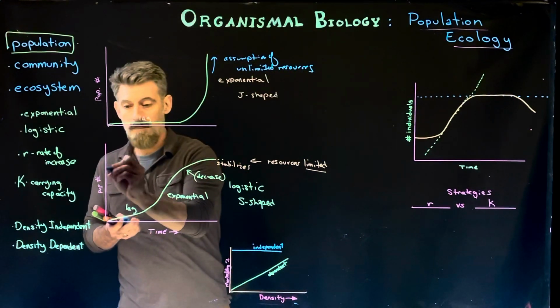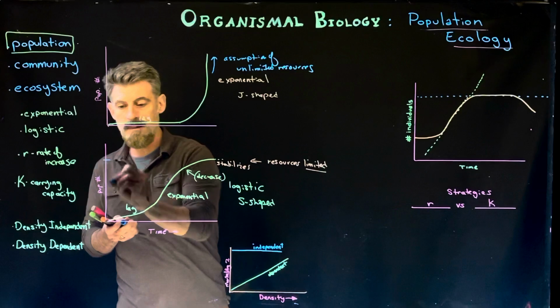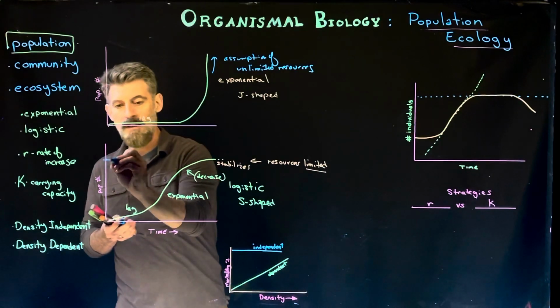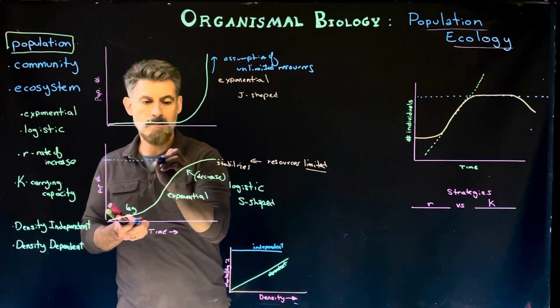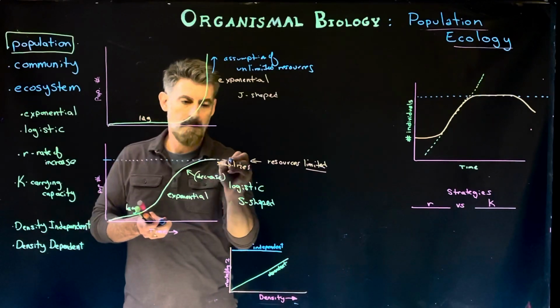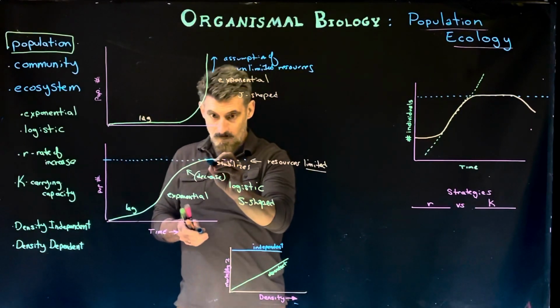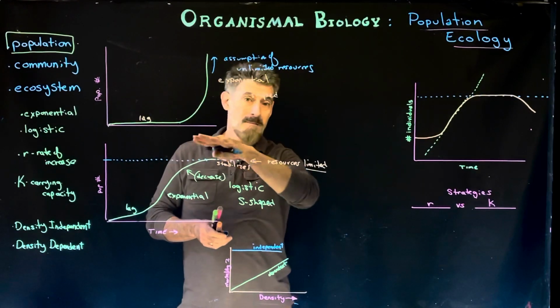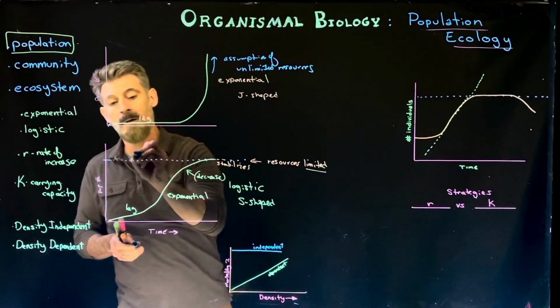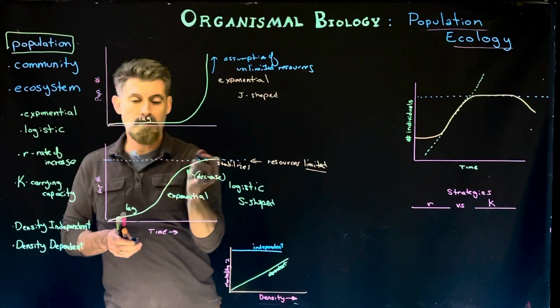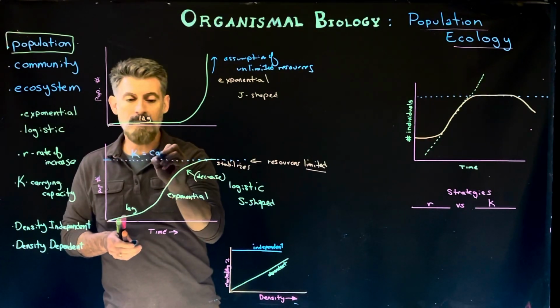So the population number here, this is the population number, that lines up with the point where the population stabilizes is referred to by the letter K, and it's called carrying capacity.